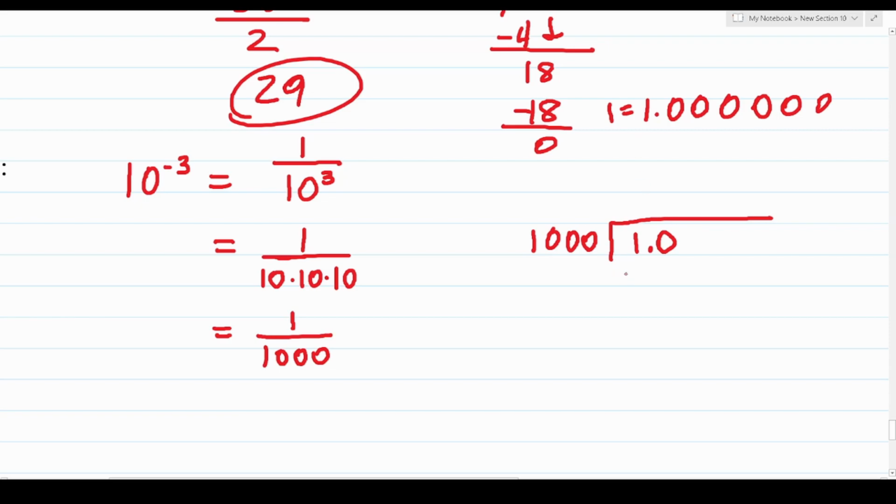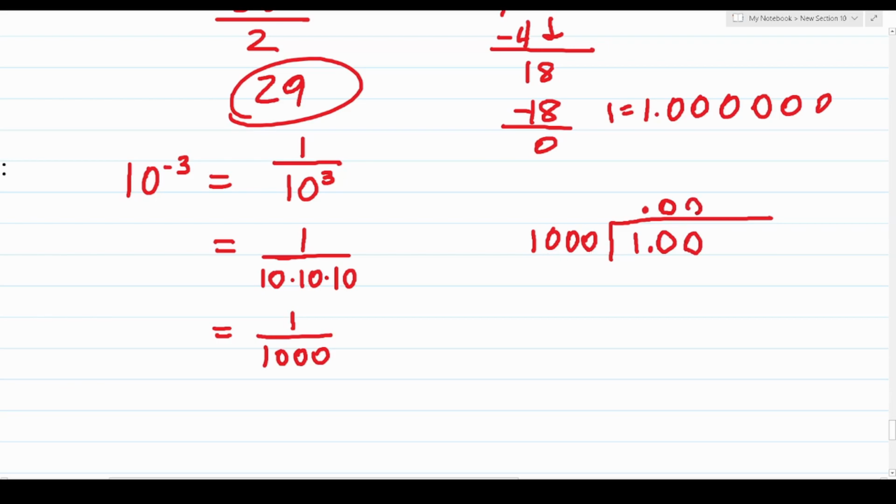Now I'm going to disregard this decimal because I'm going to go ahead and pull it up right here. Now I'm asking myself, how many times does 1,000 go into 10? It doesn't. So I'm going to put a 0 there, and I'm going to add another 0 placeholder. How many times does 1,000 go into 100?